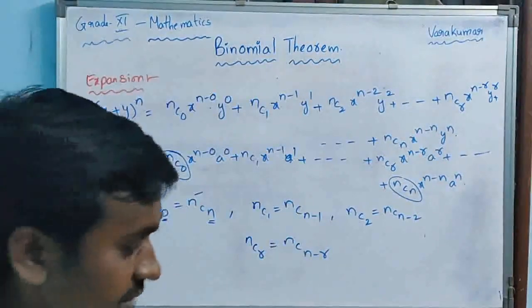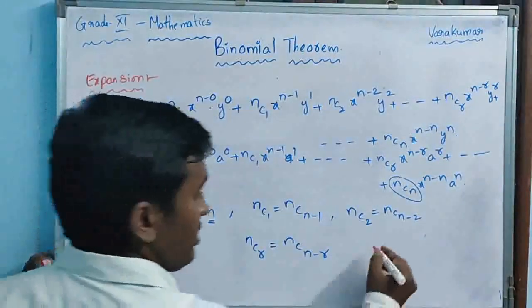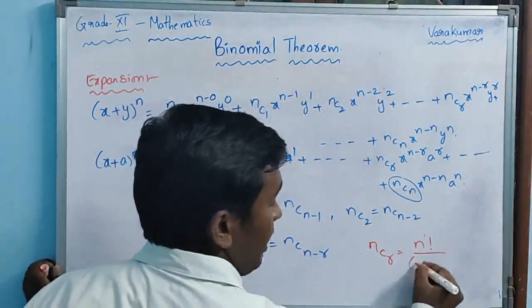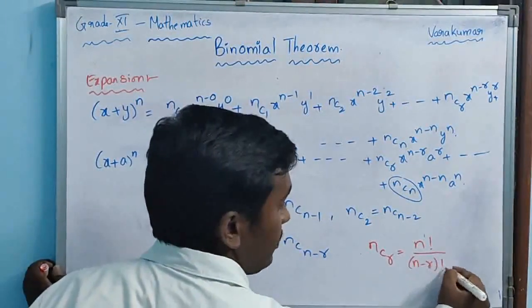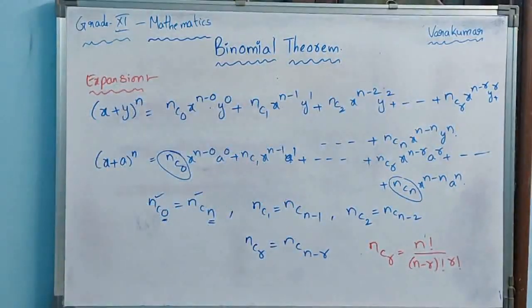nCr expansion will be: nCr is equal to n factorial by (n minus r) factorial into r factorial. Clear? Right.